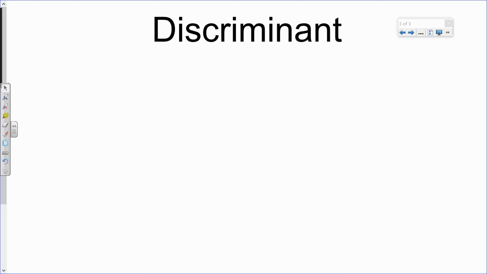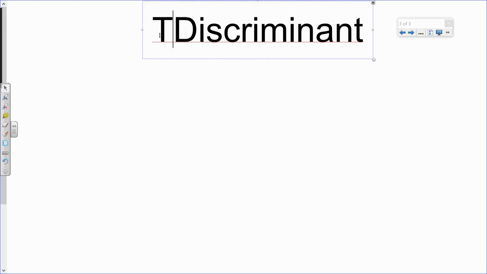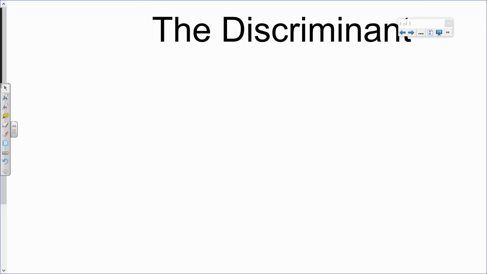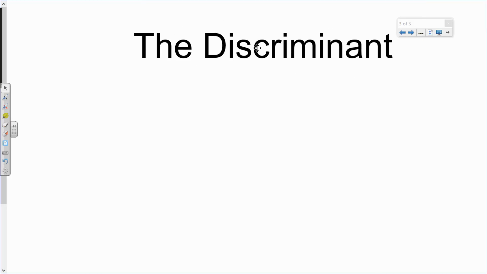Actually, we should put the discriminant. My bad. Put the discriminant here. That's the title. That's more appropriate. The discriminant.